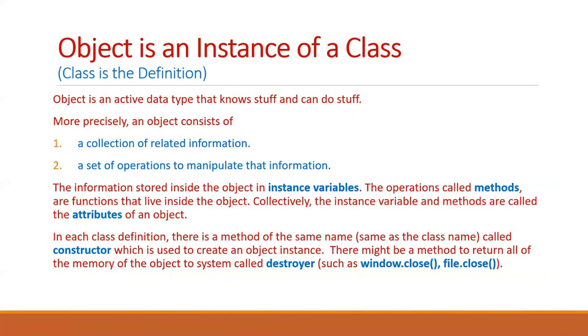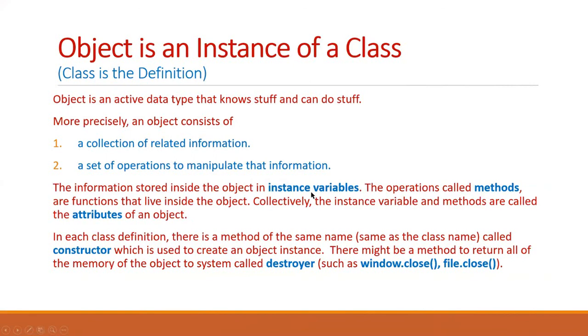just like your circle dot radius. That's the data. And the set of operations, what does that set include? Repr, including double underscore add, that's the plus sign, double underscore sub, that's the minus sign, double underscore mul, that's the multiply sign, and also your get area, those kinds of different functions.